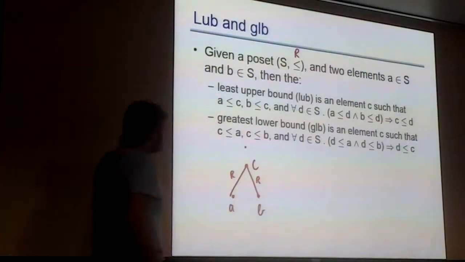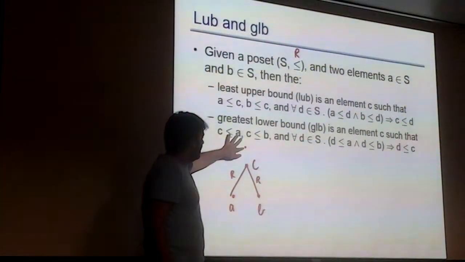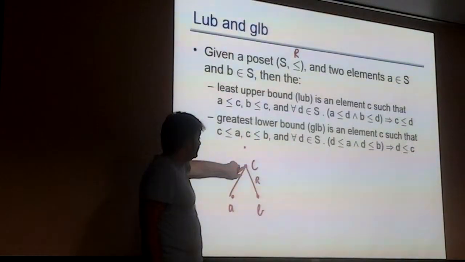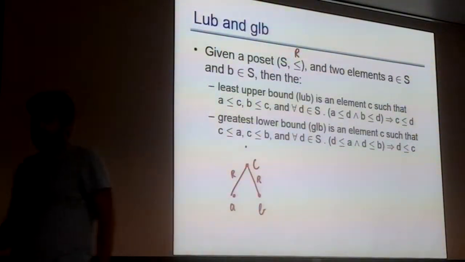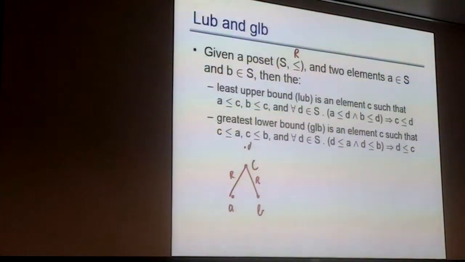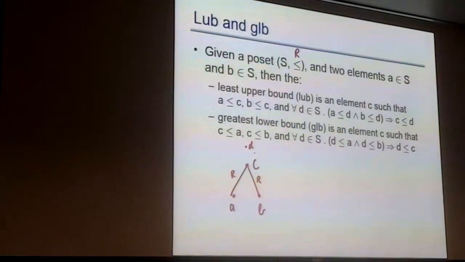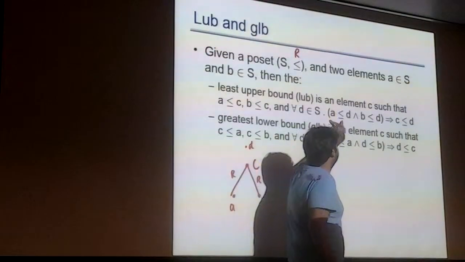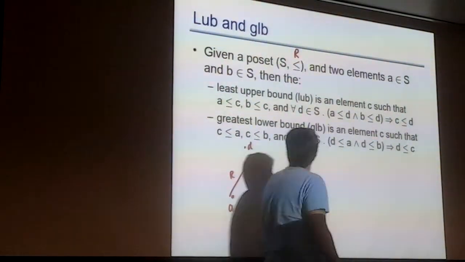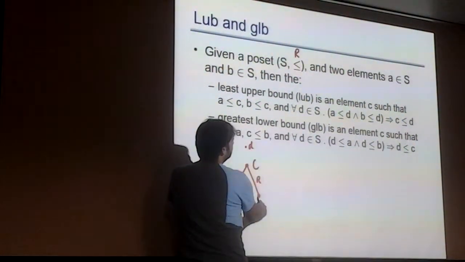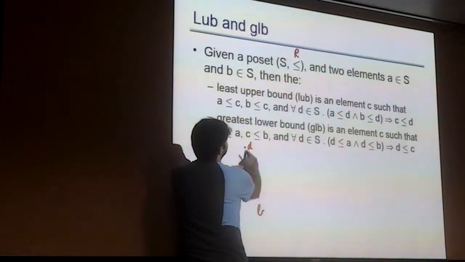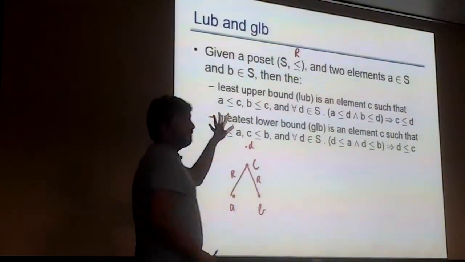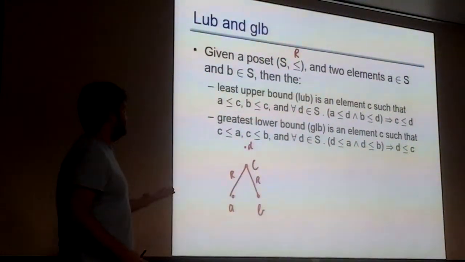Any other upper bound D, C is going to be smaller than that. And that's exactly what this thing says. Upper bound means that it satisfies these two things. So for any other D that's greater than A and B, C is going to be less than that. So that's least upper bound. And then there's a symmetric definition. Does that make sense, actually?